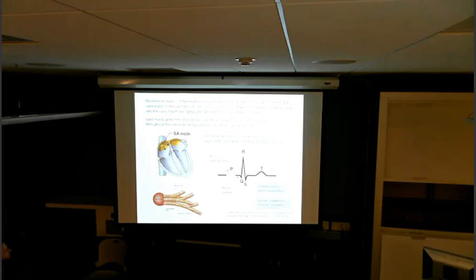Now this thing is electrically excited. Where's that electricity going to go? It's going to travel from the atria into the ventricles through this AV bundle there. So the AV bundle is delivering that electrical signal from the atria through that insulating structure and delivering it down to the ventricles here. Does that make sense? Okay.